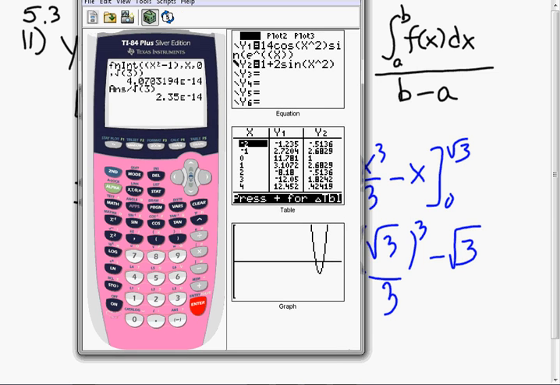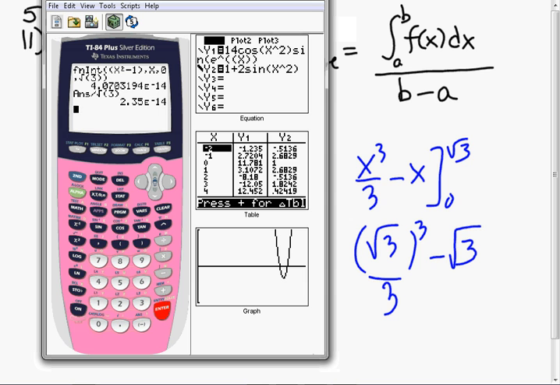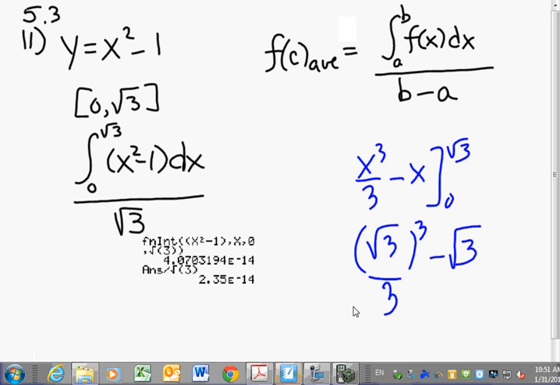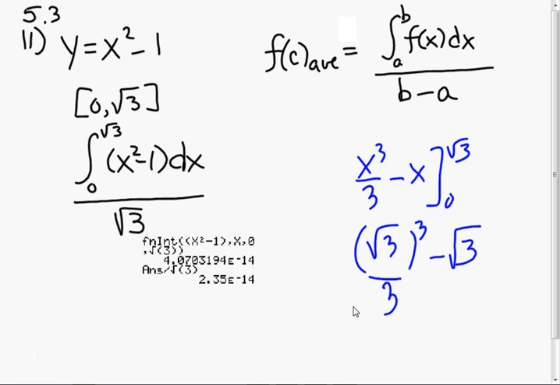You will too, by the way. So it's the square root of 3 cubed divided by 3, minus the square root of 3. Now, if I were on an Inspire, I'd get the exact answer. There's the exact answer. It is 0. Well, 10 to the negative 14 is almost 0. So this ends up being 0.